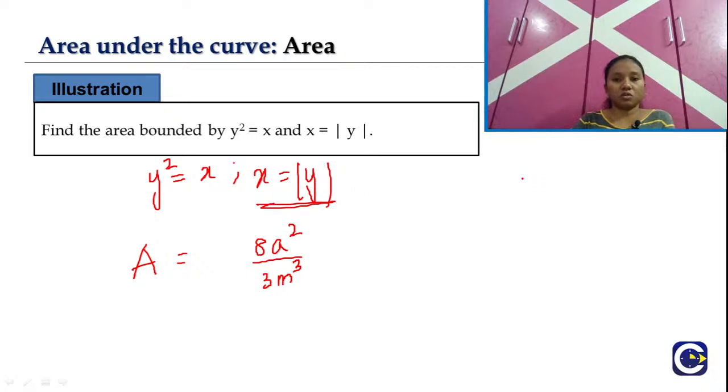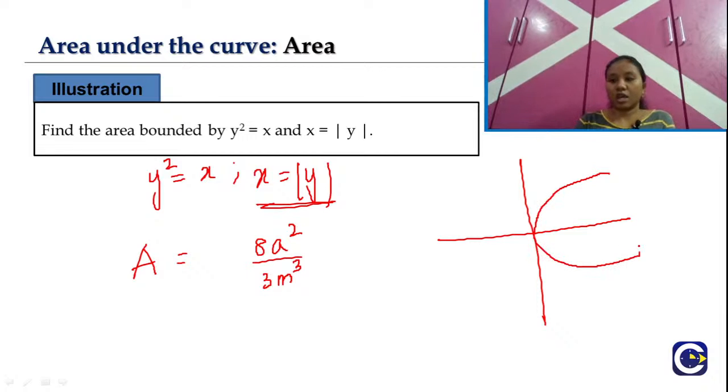So here also, what will be the graph? y square equal to x, so it will be like this, and we'll have the graph x equal to mod y, so it will be like this. There are no turns. So this part here is the required portion.